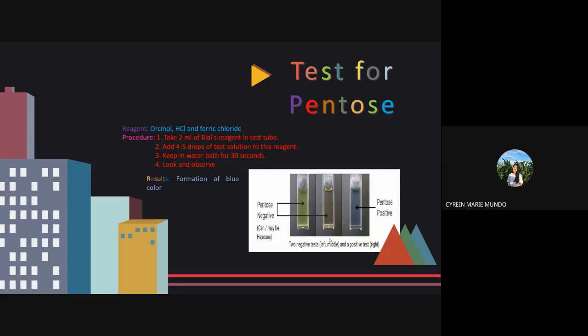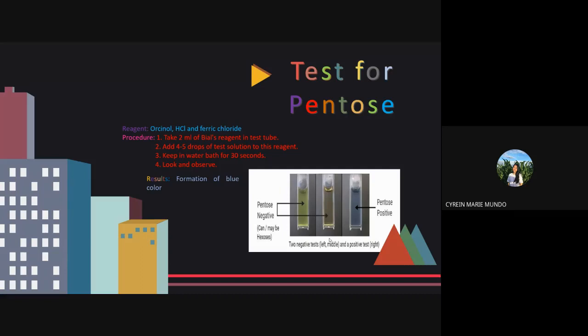Bial's reagent is composed of 0.4 gram orcinol, 200 ml of HCl or hydrochloric acid, and 0.5 ml of ferric chloride. The procedures are: take 2 ml of Bial's reagent in a test tube, then add 4 to 5 drops of test solution to this reagent, keep in water bath for 30 seconds, and observe.